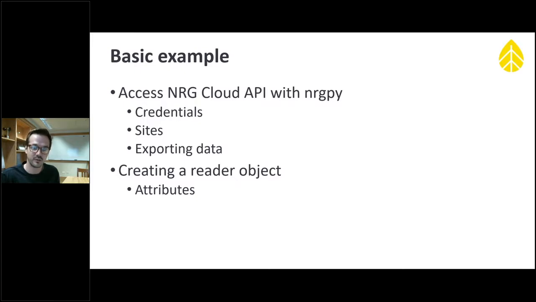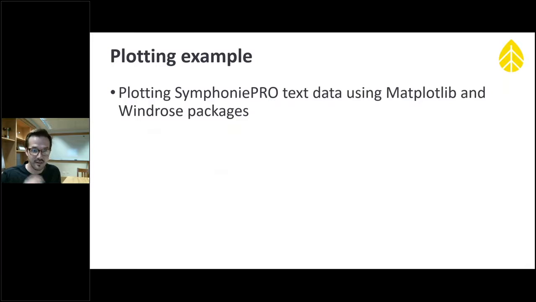And we also created a reader object and showed some of the attributes of that. We'll continue on with the same demo and we'll just look at some plots. And then that should close us out and we can address any questions that anybody has.